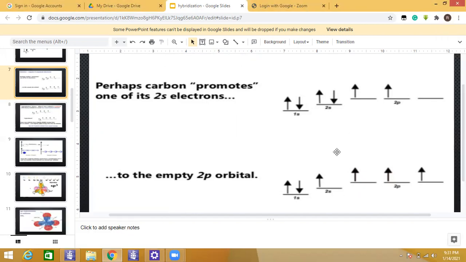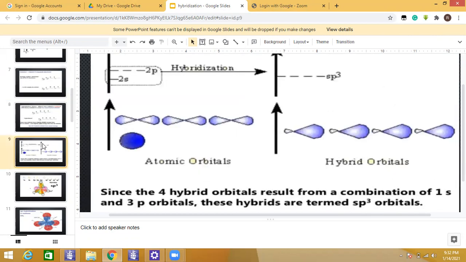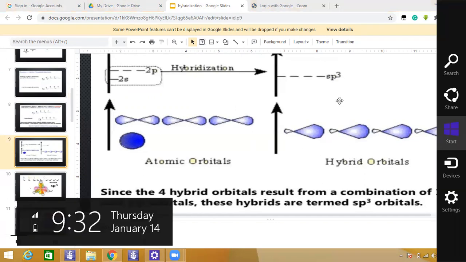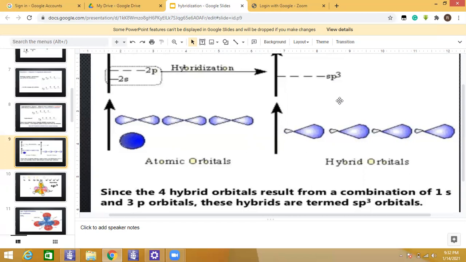So what happens now? The one 2s and three 2p orbitals get mixed up, get hybridized, and this s and three p orbitals mixing gives four equivalent orbitals having the same energy and shape, all bearing the characteristics of sp3.